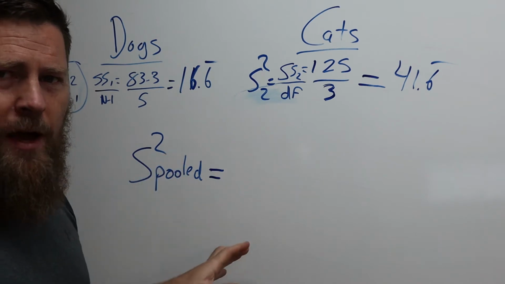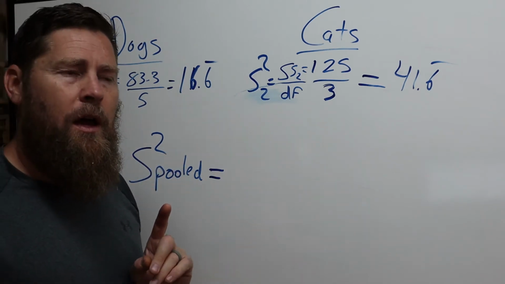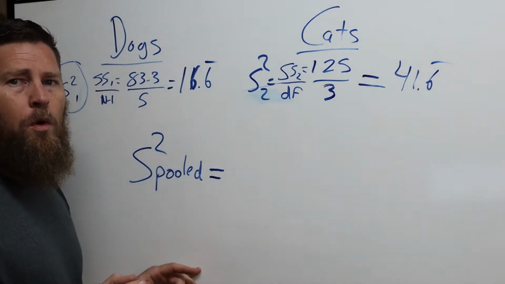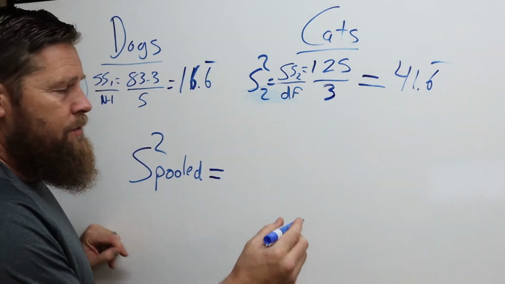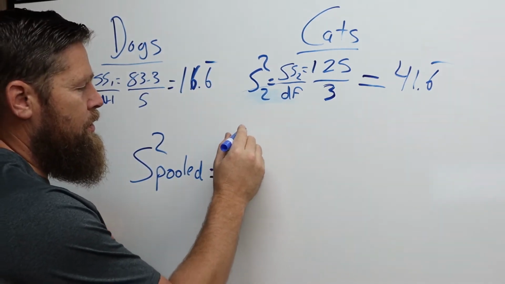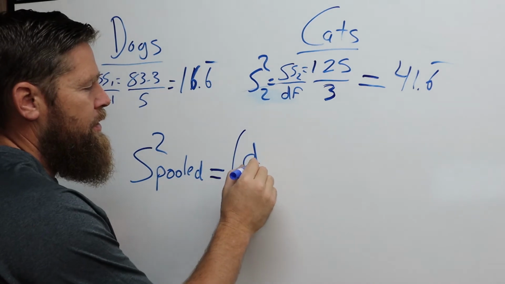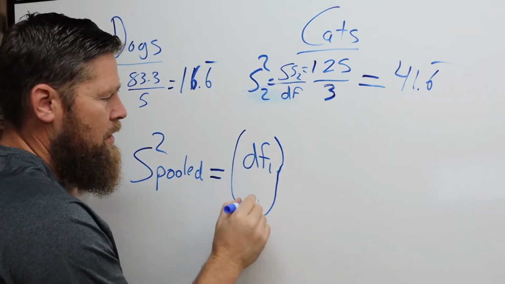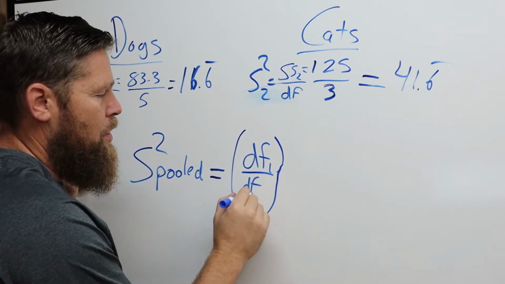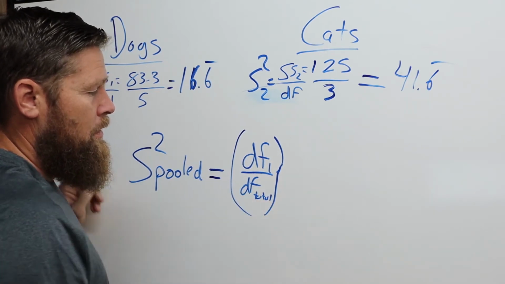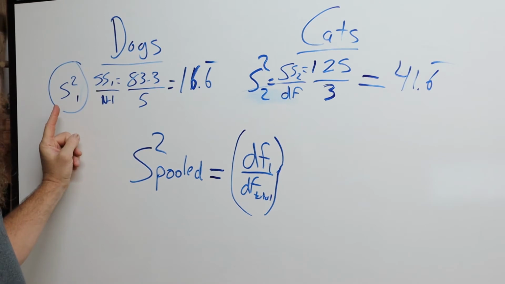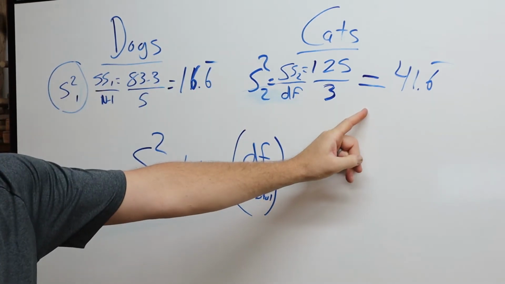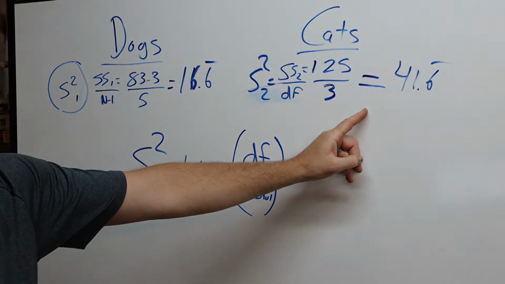So I'm going to write the formula here, but I don't want you to freak out because you know all of these terms. Okay, so S2 pooled is equal to degrees of freedom for group 1, divided by degrees of freedom total. So group 1 had 5 degrees of freedom. Group 2 had 3 degrees of freedom.